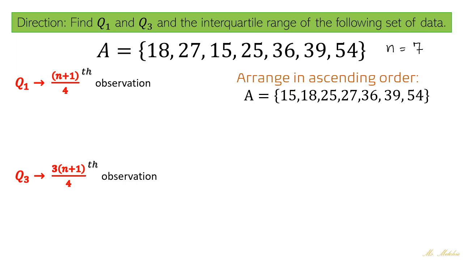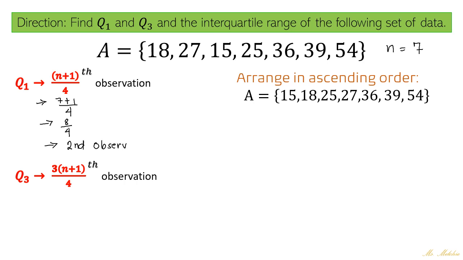Now, to find the position of our Q1, I'm gonna use the formula first. So 7 plus 1 divided by 4. So I would have 8 divided by 4. So I would have 2. But 2 is not directly the value of your Q1, but instead this is your position or your rank, and therefore that indicates second observation.